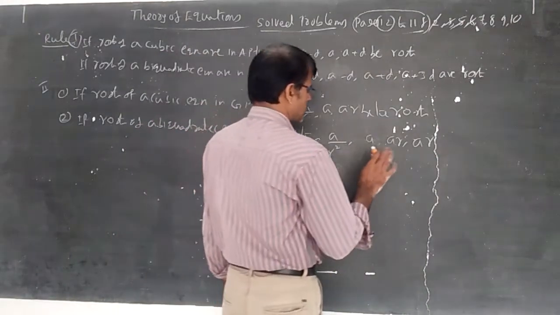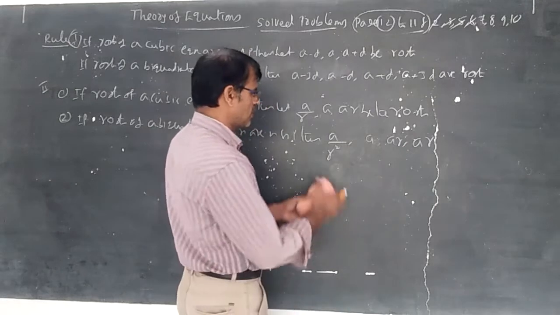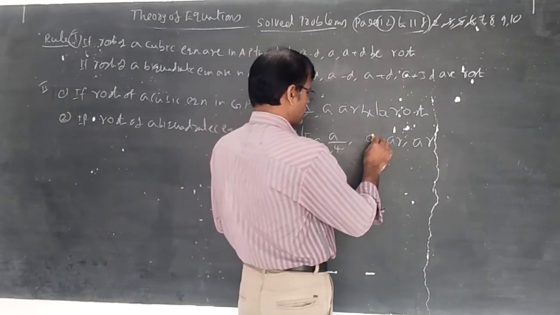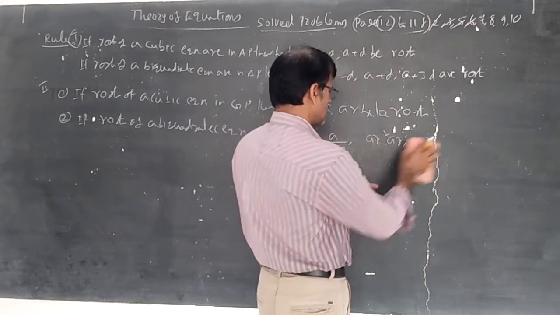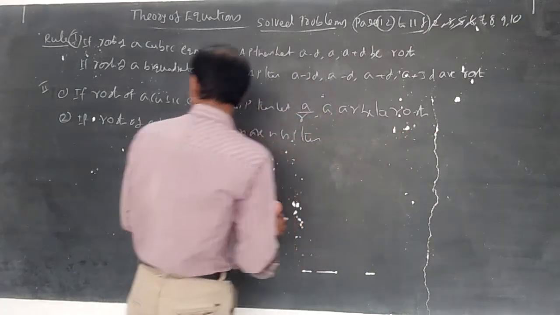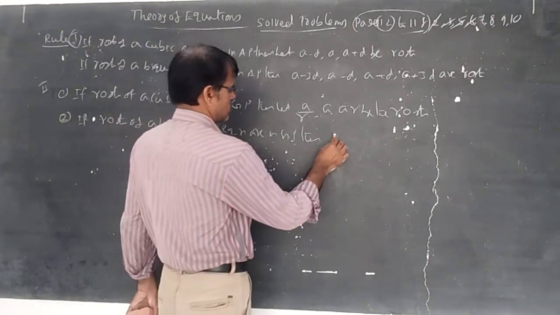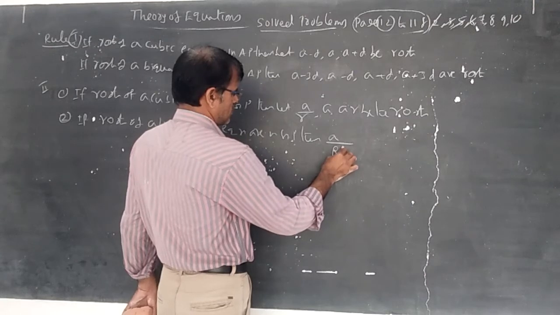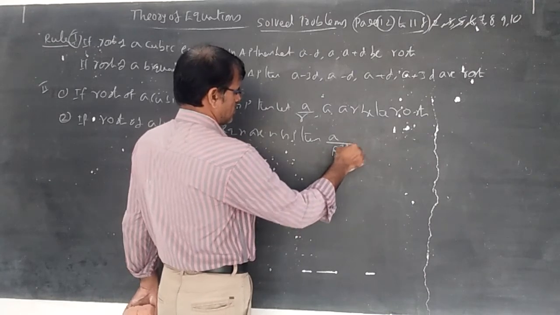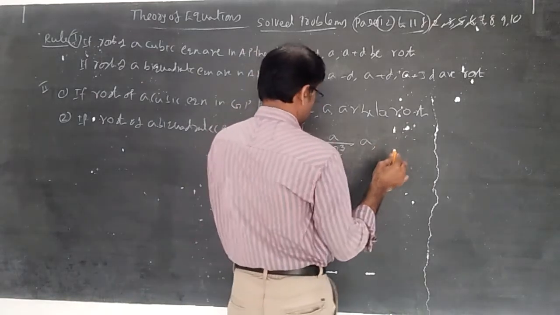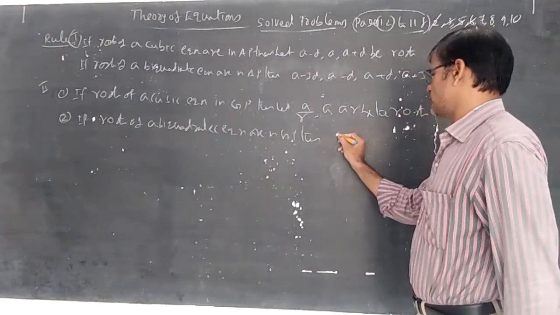A by r square, a by r power 4 if we put, students, a by r power 4, this is r square and ar square. It is also not correct. A by r cube, a. Just wait for a while.